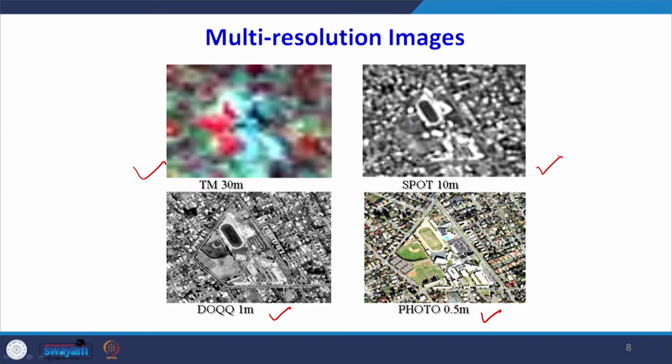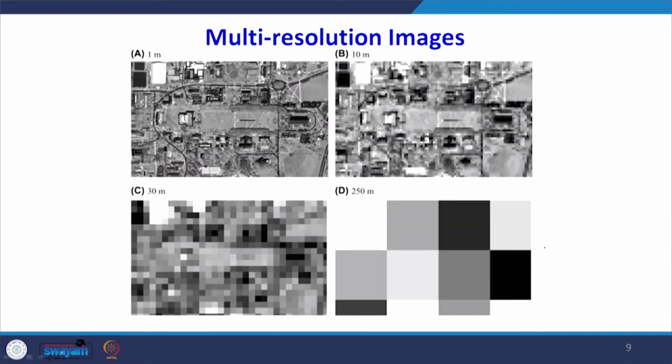So, the information content certainly is much better at 0.5 meter resolution data. It depends upon my application and my purpose, whether I want to get to that level 4 information, or I want only the level 1 information, which is the broad categories present in my area. So, according to that we have to select the data.